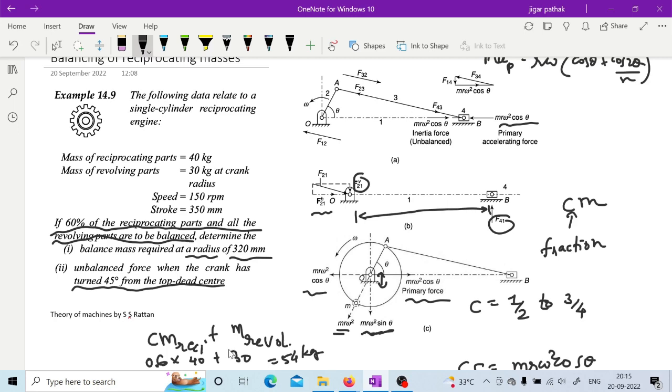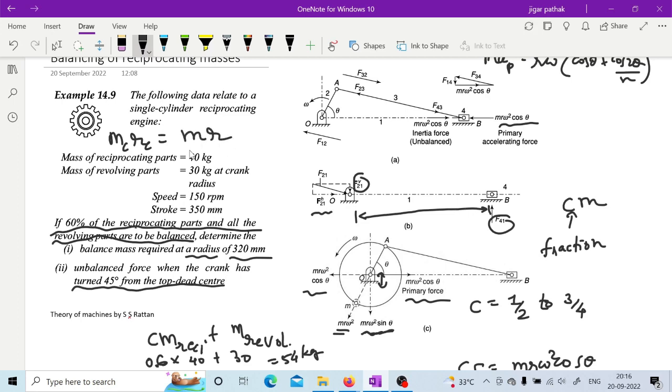Yes sir. So once you have the total mass to be balanced, what you have to find is the balancing mass required. That can be simply calculated from m c r c equal to m into r.